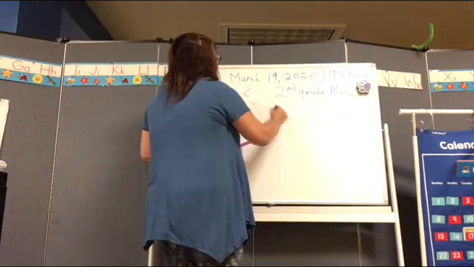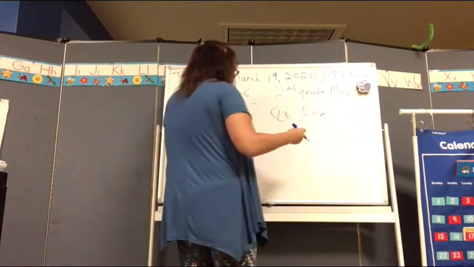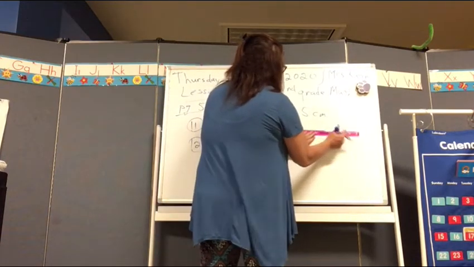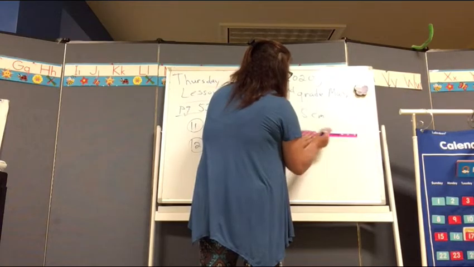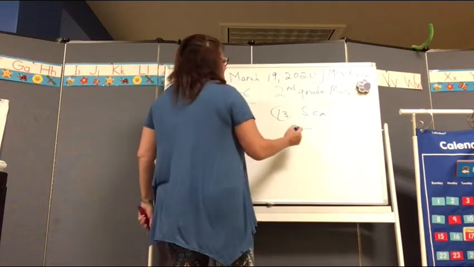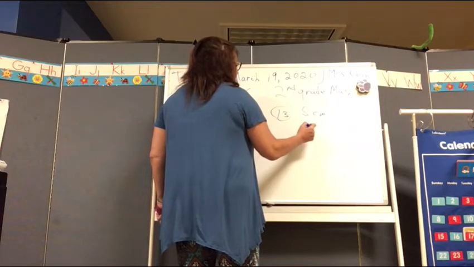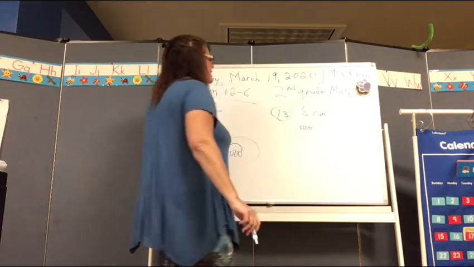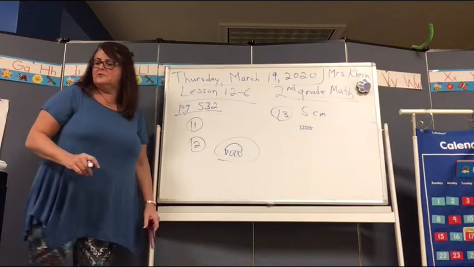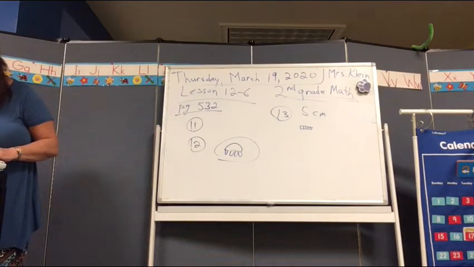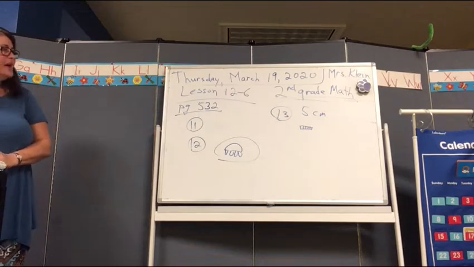So what they're saying is you want to draw something 5 centimeters. We don't have the cube, but that's 5 centimeters. So I guess it would be like this. 5 cubes to make 5 centimeters long. Got it? Okay, so that's number 13.